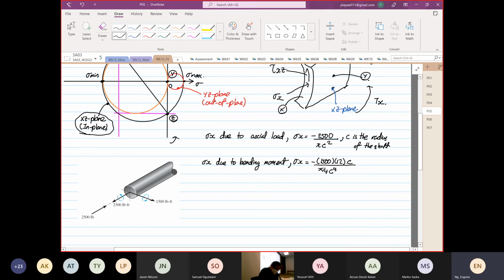So over here, we can cancel the cube. So this will be equal to 1500 multiplied by 12 times by 4, not divided, 72,000 over pi c cube.